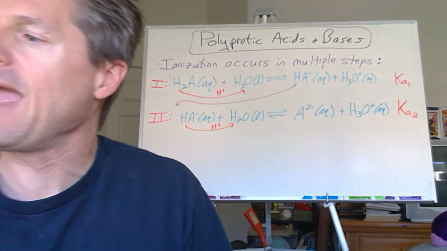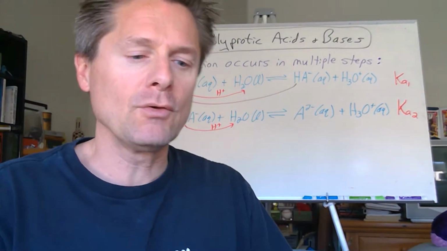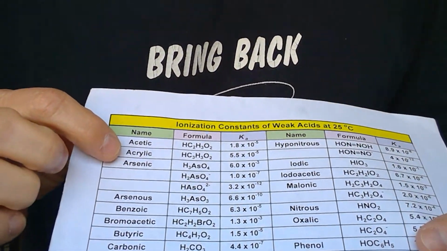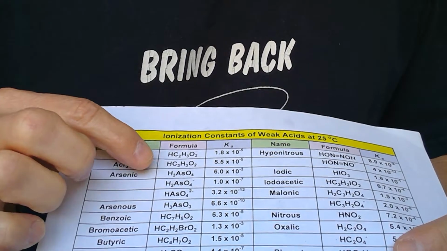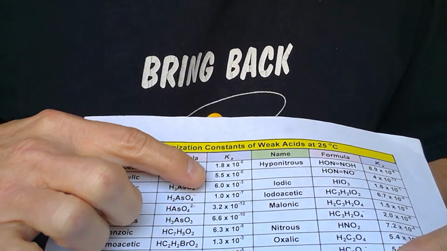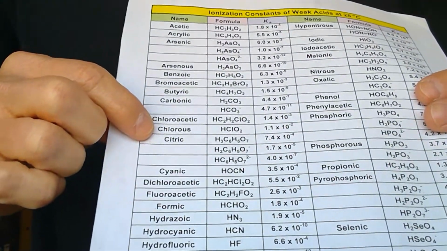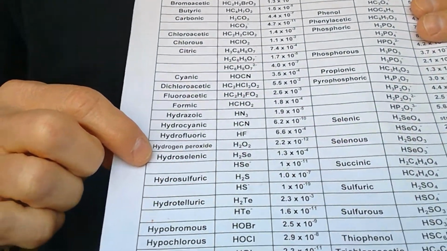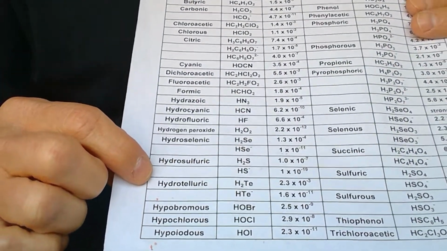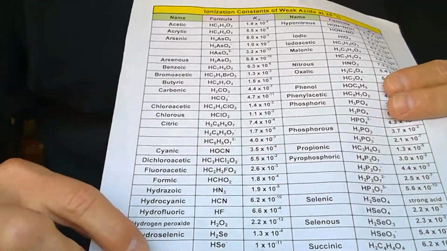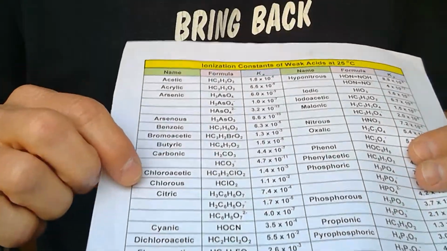And if you look on a Ka table, you'll see, for example, arsenic acid has multiple K values. You can see they change as they go down. They're not the same. You can see the polyprotic acids like citric acid, hydroselenic acid, hydrotelluric acid have multiple steps with different Ka values, quite dramatically different.